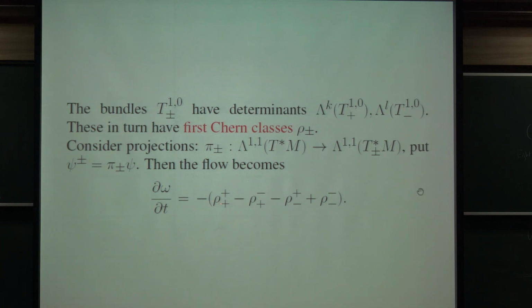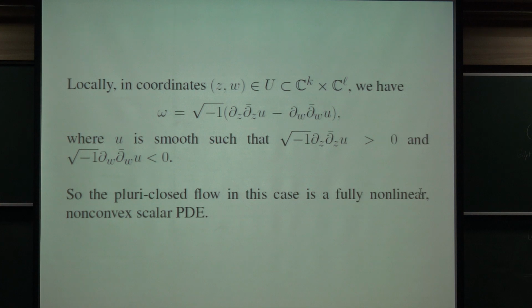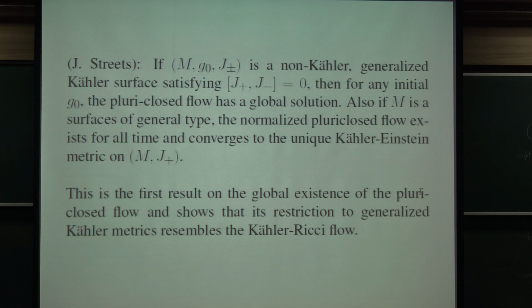You have two complex structures, so you have the plus Ricci curvature projected to the plus part, and the Ricci curvature projected to the negative part for the other complex structure. Projecting means taking one part. So you can also reduce to scalar equations, but it's not the complex Monge-Ampère. It's more interesting equations, in the sense that they are less known.